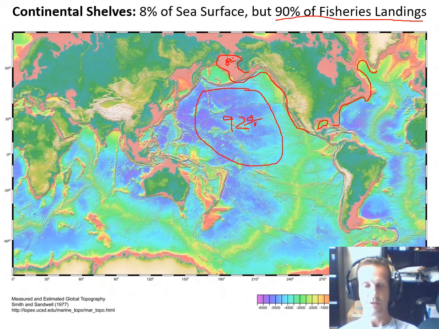There might be other factors too, like maybe it's harder for fishers to get out to the middle of the ocean, but it's not unreasonable to assume that high productivity of these continental shelf waters is one of the reasons why so much of the 90% of the fish landings of the earth come from these continental shelf waters.